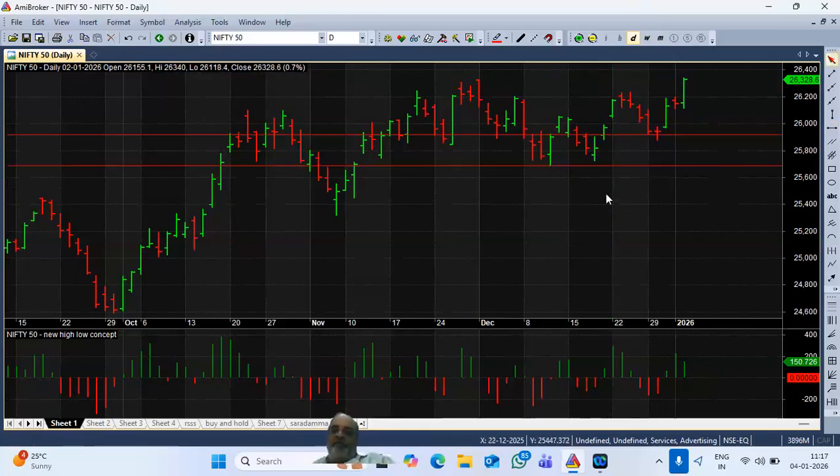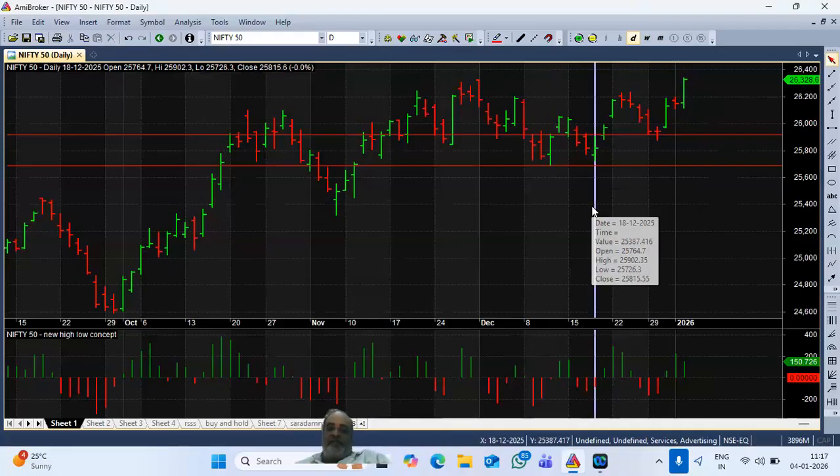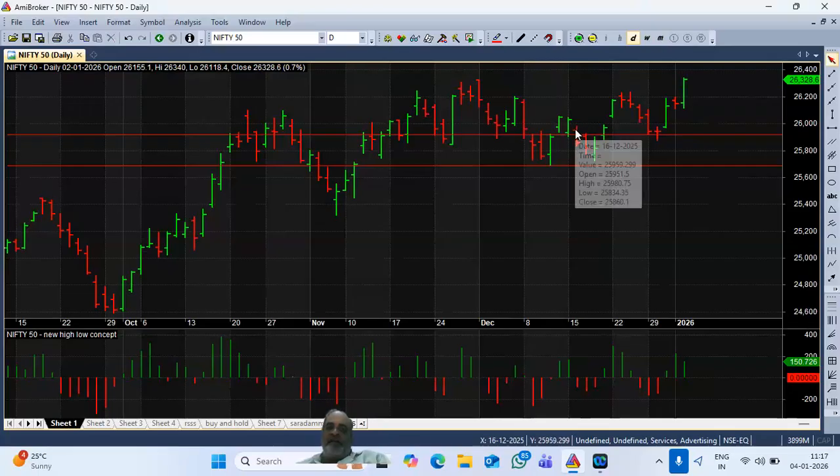Here you can see next day it went up, it opened above this level, and it sustained, but on the next day it made a new low. So when it comes to the third day for day trading, you can see that the open itself is almost high, very near to the high, and the open is near the previous day open but not near the previous day close.